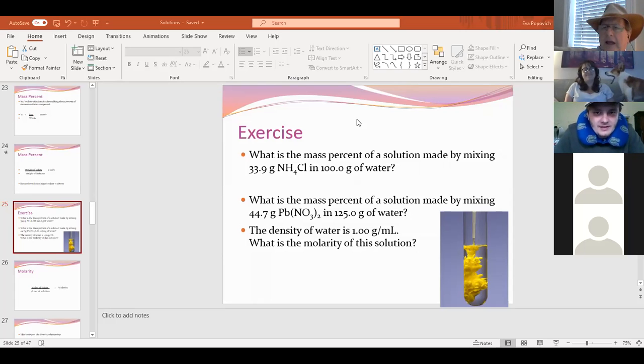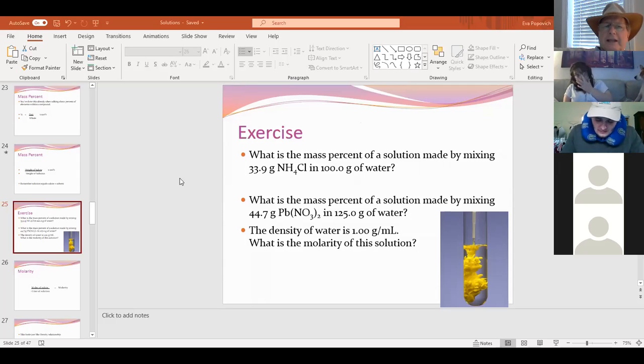Can I do the next step? Go for it. The next step, you would do 44.7 divided by 169.7, and then you times that by 100, which gave me 26.3. Finest kind. All right, Einstein.